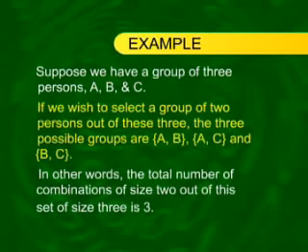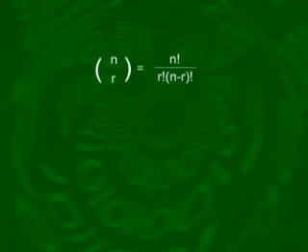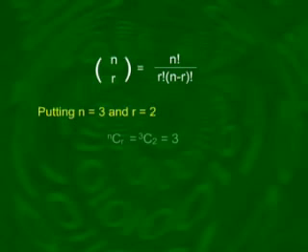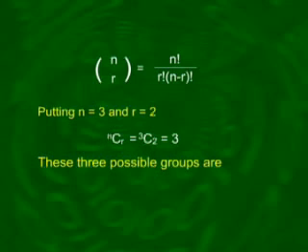In other words, the total number of combinations of size 2 out of this set of size 3 is 3. If we apply the formula of nCr, that is n factorial over r factorial into n minus r factorial, putting n is equal to 3 and r is equal to 2, we get exactly the same result, and that is 3.